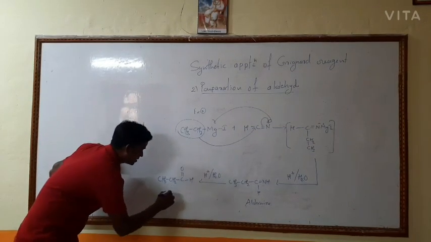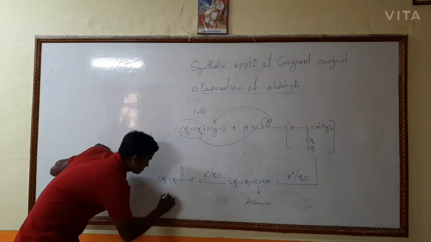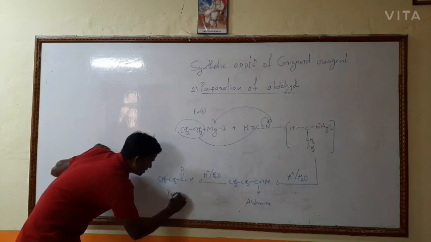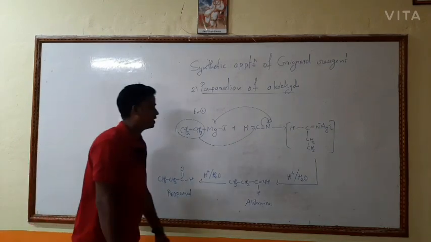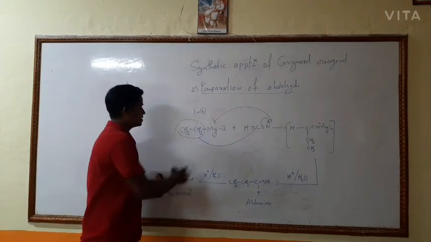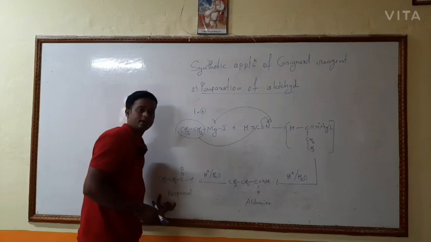Its name is propanal. This is the example. As we change the alkyl group, different aldehydes are formed.